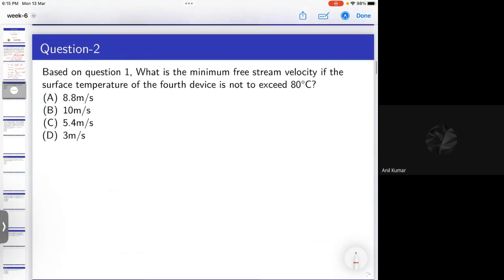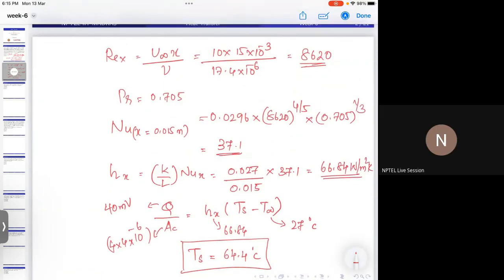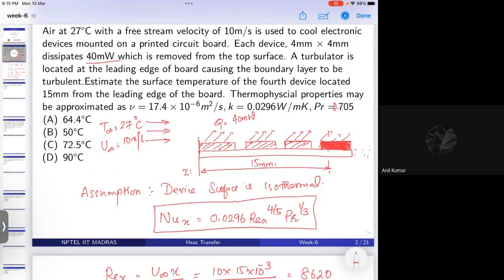Sir, I have a query in question number one. Whenever we are using this equation, 0.0296, whether for turbulent or for laminar flow, there is a Prandtl number range also that is mentioned. Yeah, it's between 0.6 to 60, I think.